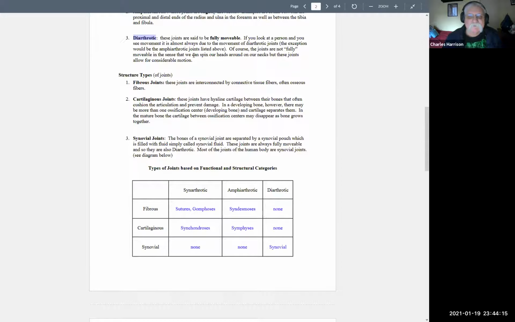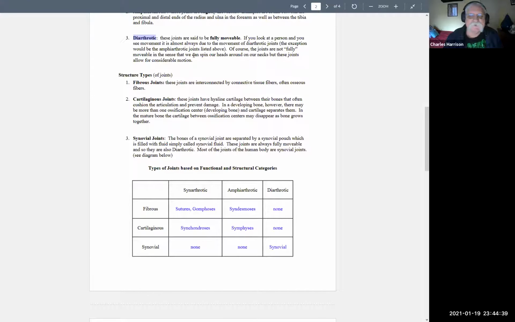The synovial pouch, which I call the whoopee cushion, so that you can think of it, the synovial pouch itself is filled with, of all things, how imaginative, it's filled with synovial fluid.